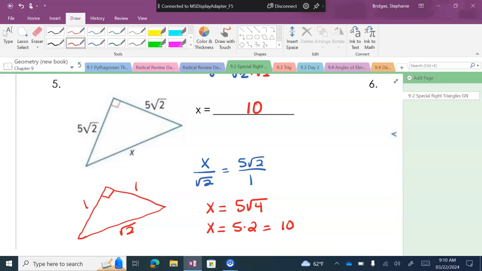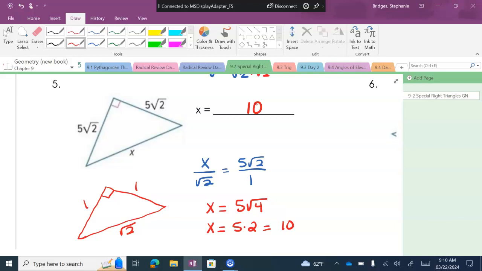All right, keep working on 6 if you haven't finished it already. So the square root of 2 doesn't equal 2. So you have to have the square root of 2 right there, which would equal 4. Does that make sense? If you haven't finished 6, go ahead and work on it.